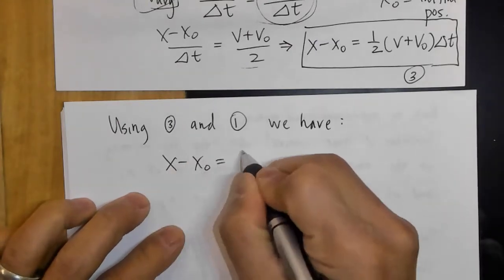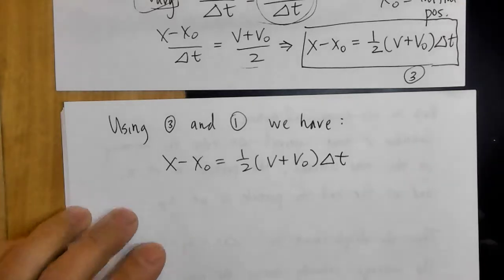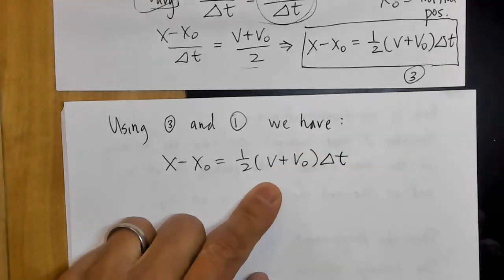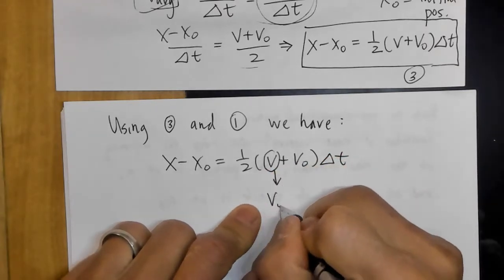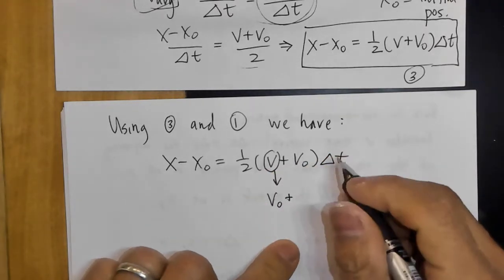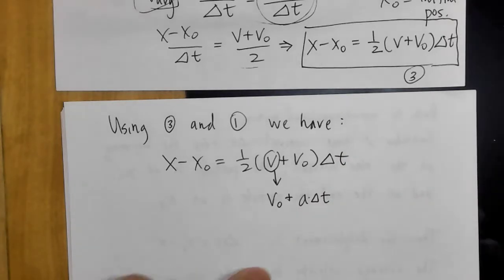X minus x0 is 1/2 v plus v0 delta t. That's just number 3. And then number 1 was v is equal to v0 plus a delta t. Everybody's good on that? That's what this guy says. V is equal to v0 plus a delta t.